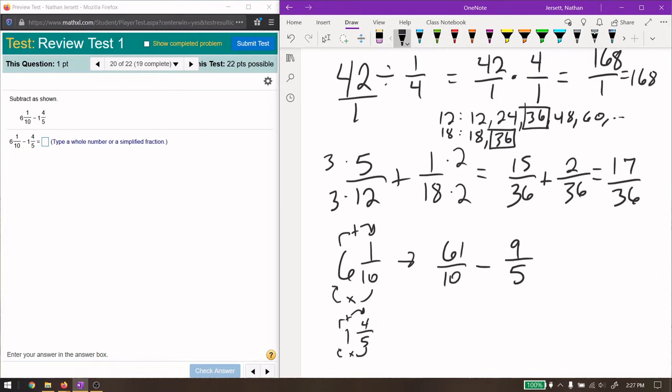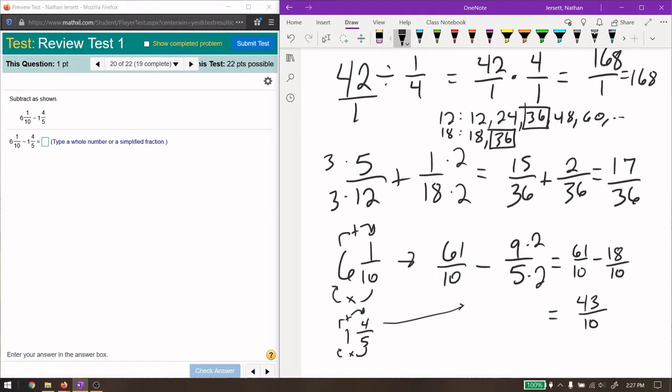And hopefully you can see here that the common denominator is going to be 10. So multiply the second one by 2 over 2. Gives us 18 over 10. 61 minus 18 is 43, I believe.